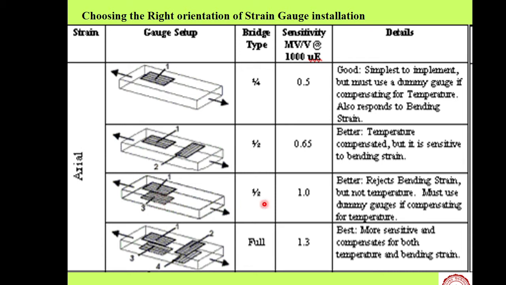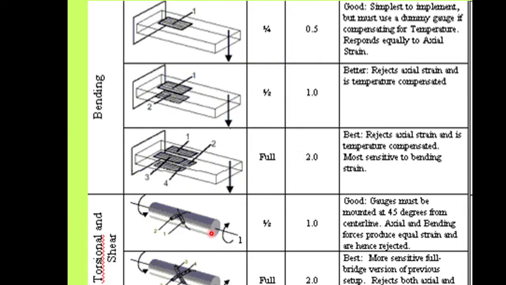In such a situation, this is 1, double of 0.5, and if they are arranged like this, we can get at the most 0.6. Clear? There is another case which is torsion, quarter bridge and half bridge and full bridge. This is clear.